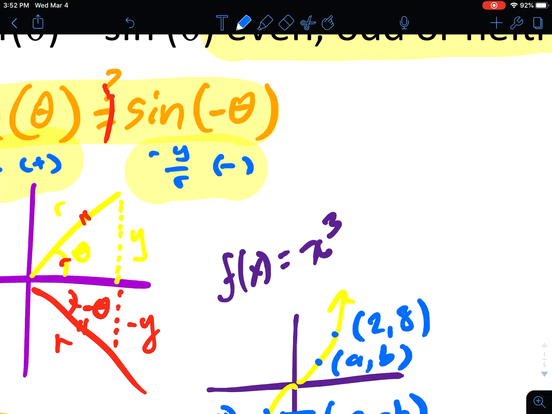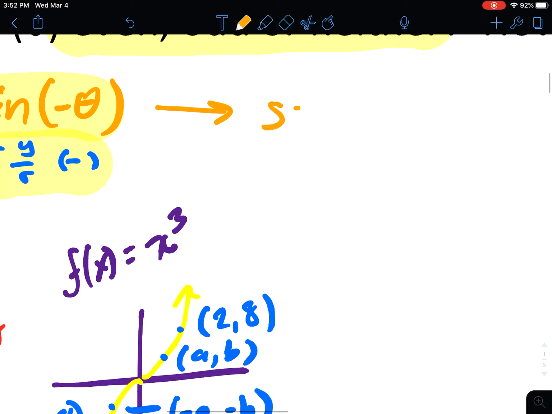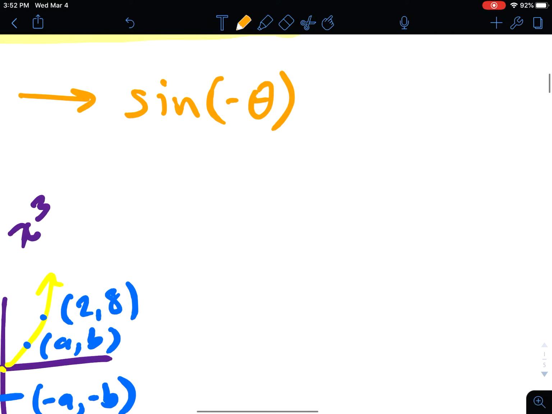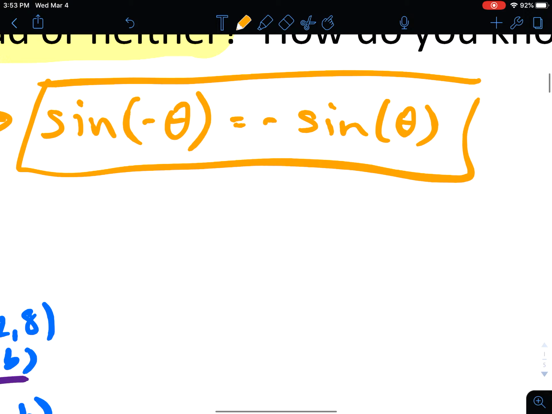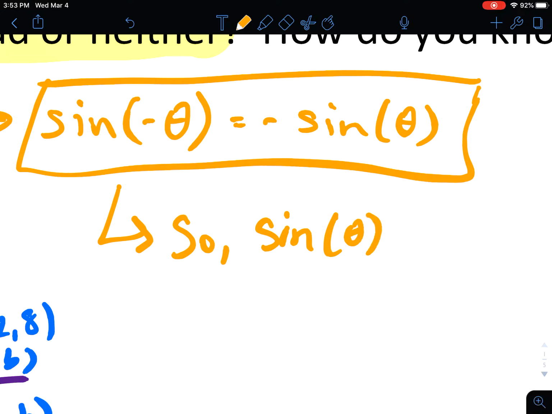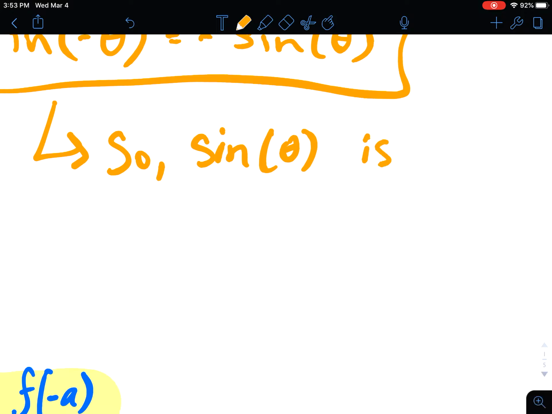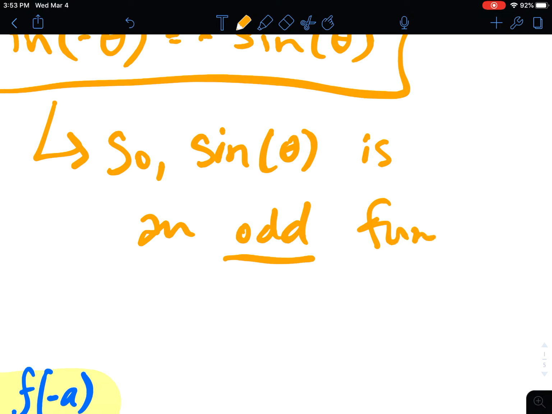So it would be fair for us to say then that sine of negative theta was the same as negative sine of theta. And that, my friends, means that sine theta is an odd function.